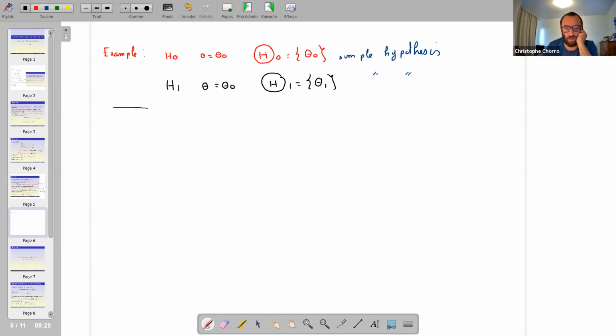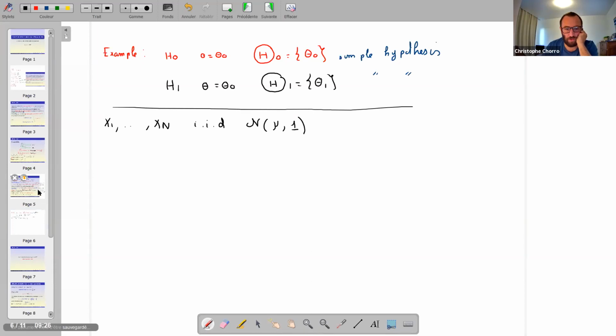And what I will do here is to be interested in a capital N sample. So I have IID N(mu, 1), okay? And it's what I have done here, just to be clear. So it's not N(mu, sigma squared), okay? Why not?